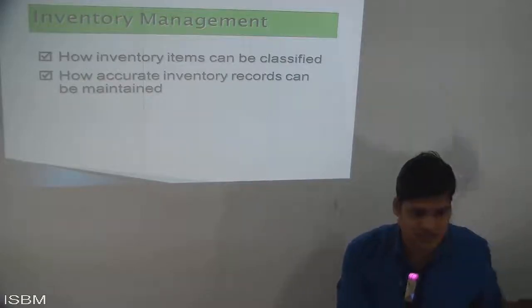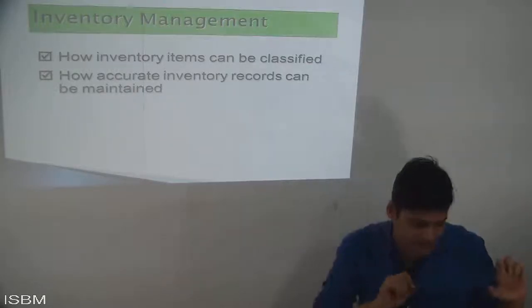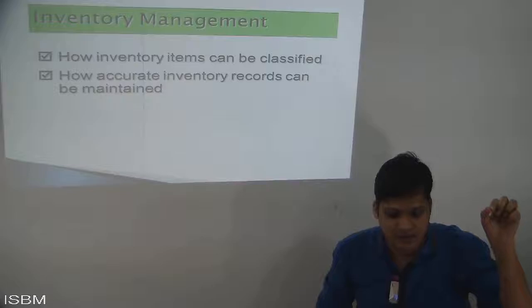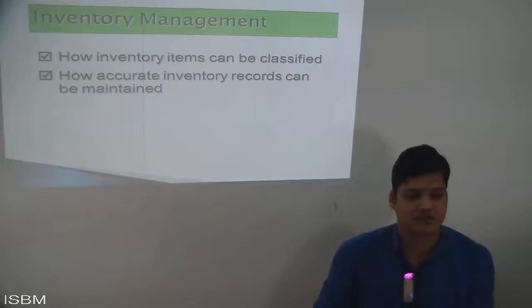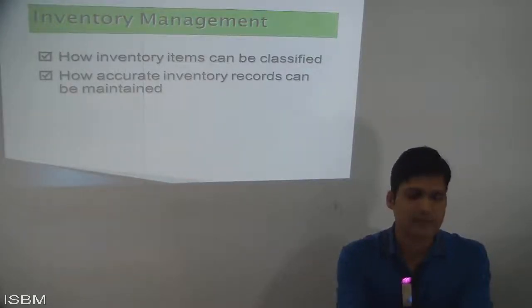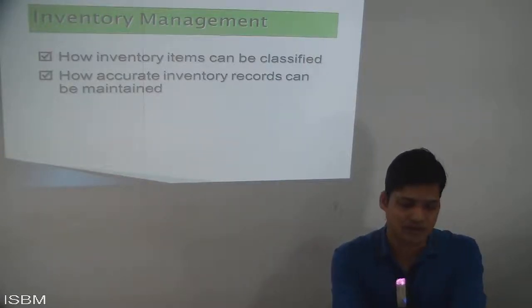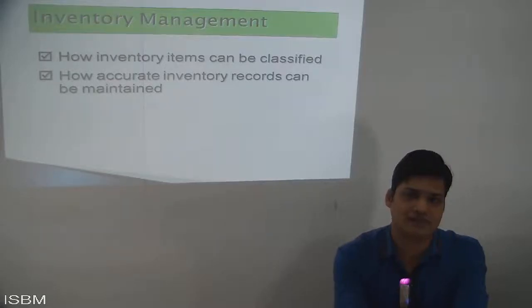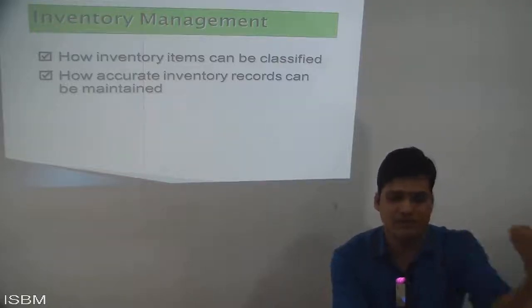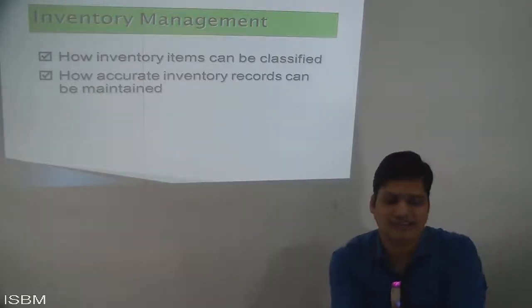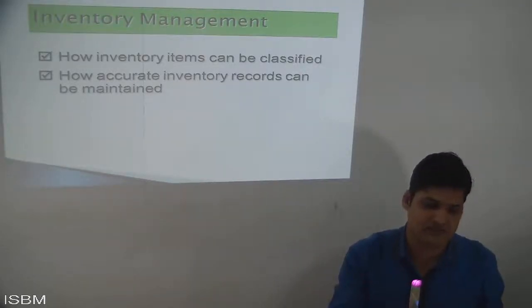Each and every time they would have to go and count: oh, only 10 laptops are remaining, oh, only 5 mice are remaining, so mice are required again. Instead, the supervisor only has to sit in front of the computer and check how much record we have, how much product we have, and how much product we require. So it becomes easy for the supervisor to maintain.